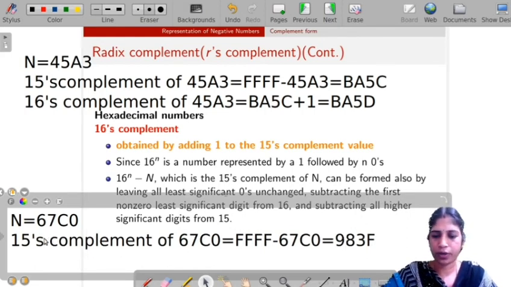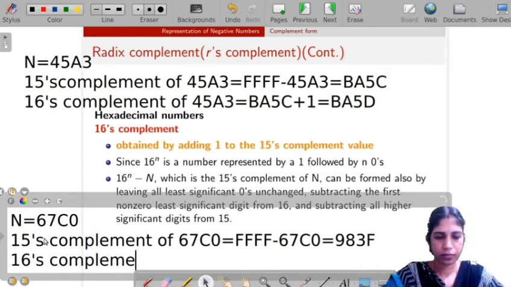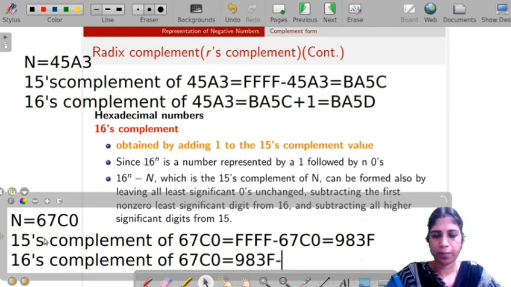Next we have to find out the 16's complement. 16's complement of 67C0 is equal to the 15's complement plus 1. That is 983F plus 1.